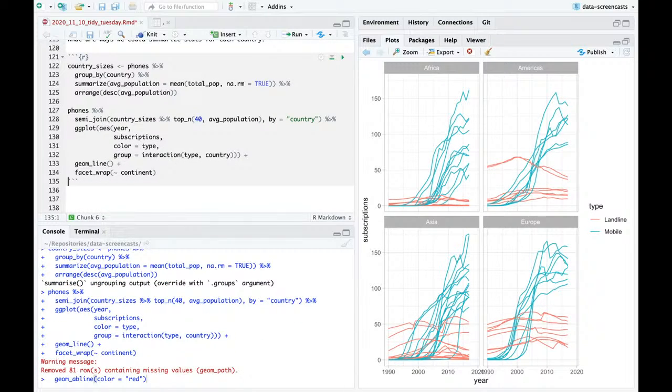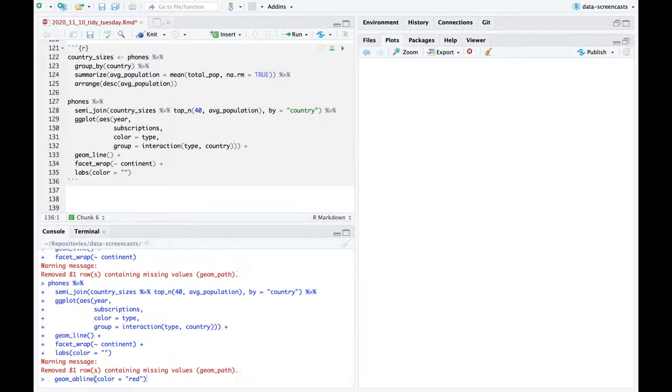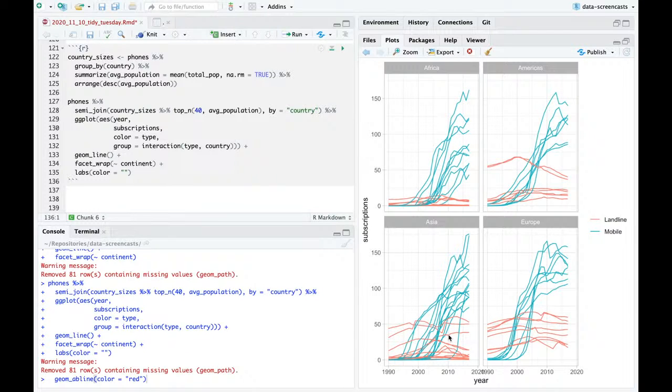How can I summarize? What stats can I summarize from each one?